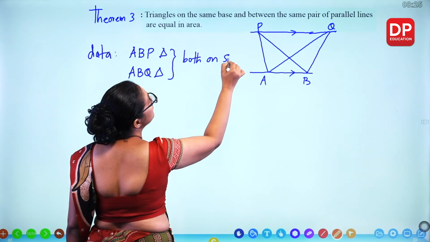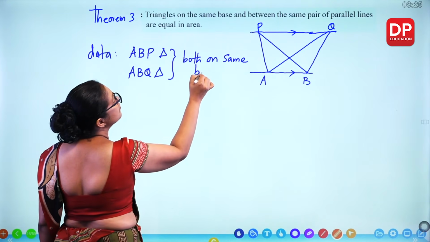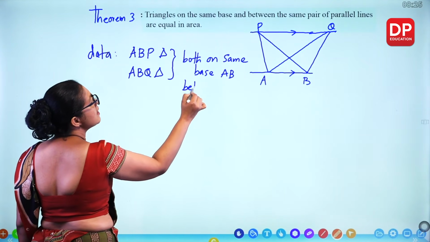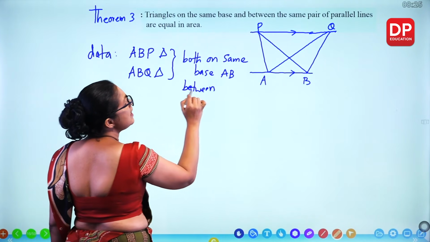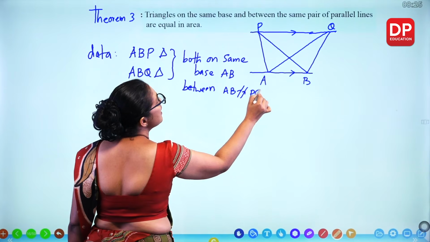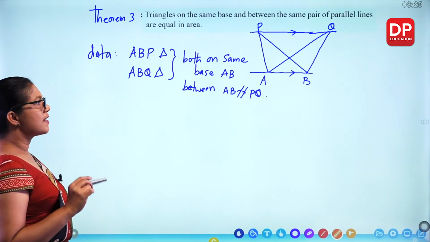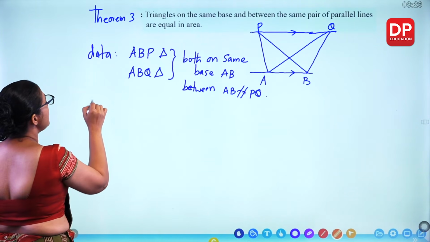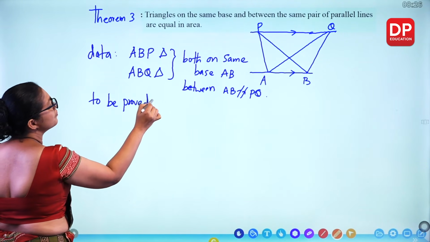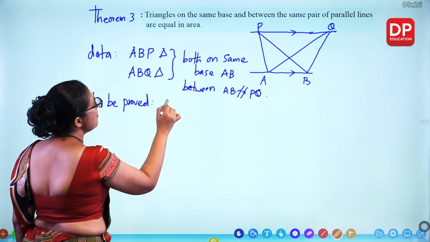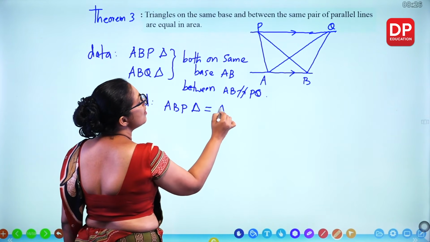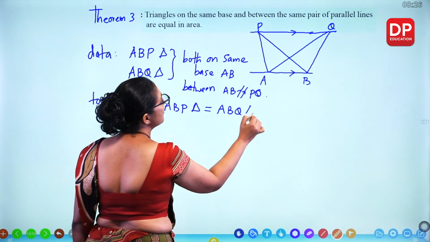same base AB and lies between AB line and PQ line. That's given. You need to prove ABP area is equal to ABQ area.